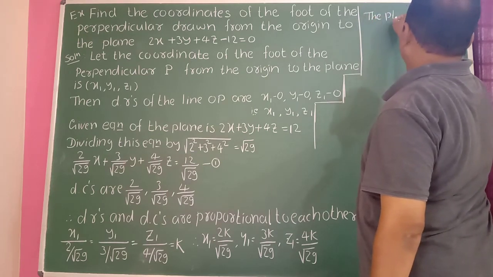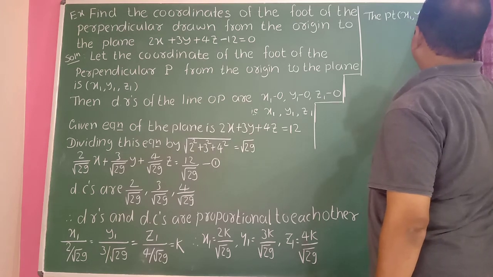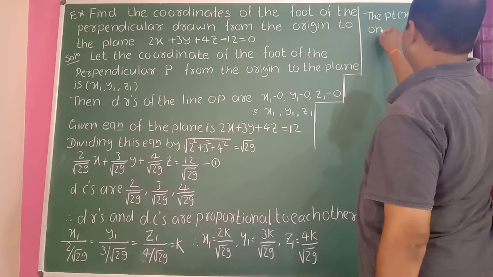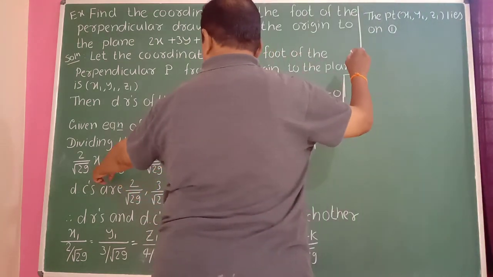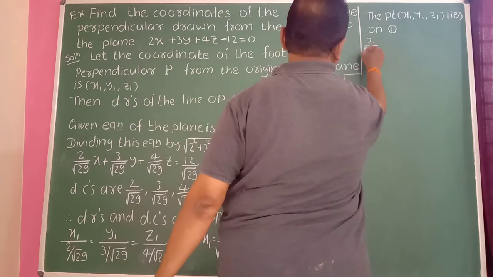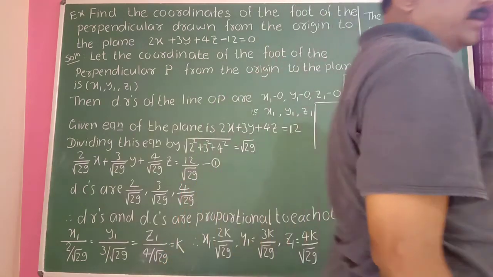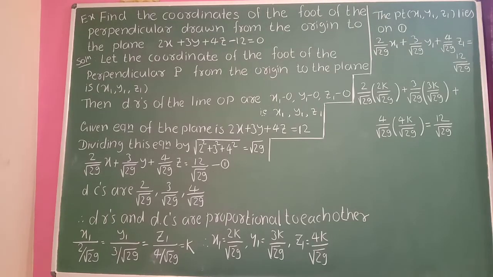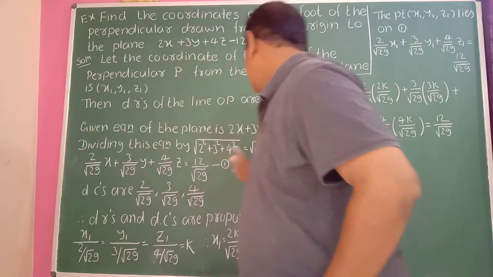The point x1 y1 z1 lies on the plane 1 here. So replace x by x1, y by y1, z by z1, and we get this.